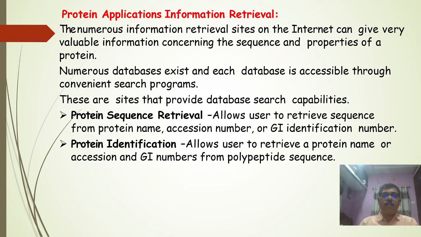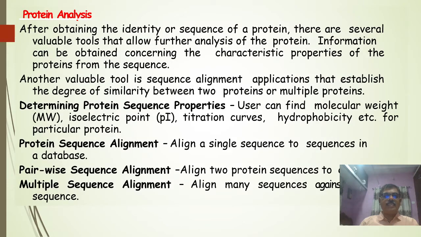The first is protein sequence retrieval, which allows the user to retrieve the sequence from the protein name, accession number, or GI identification number. Then protein identification allows the user to retrieve a protein name or accession and GI numbers from the polypeptide sequence. So protein application information retrieval is again one of the important uses in the life sciences.